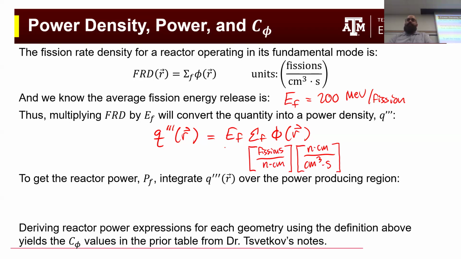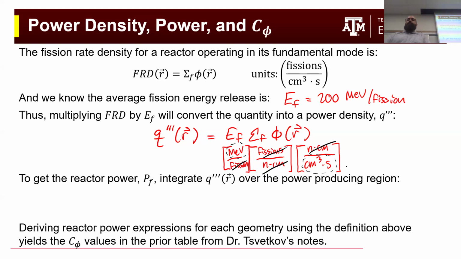And then the energy per fission has units of like MeV per fission. So notice that the fissions aren't a real unit, but if you track them, they cancel. The neutron path lengths also cancel. So now this is a quantity that has units of MeV per unit volume and per unit time.